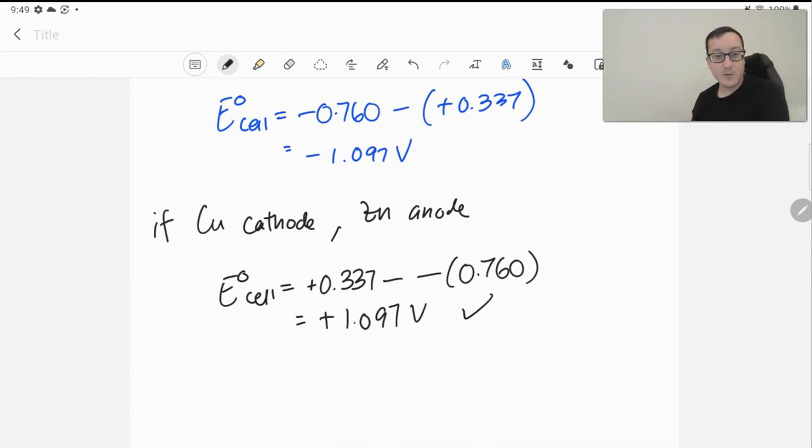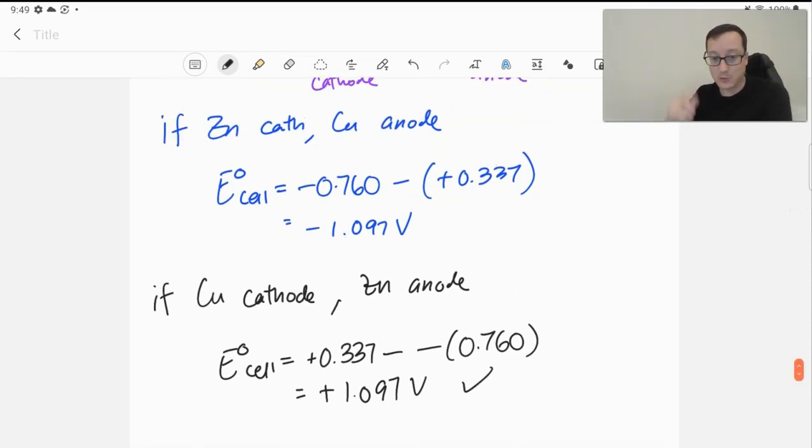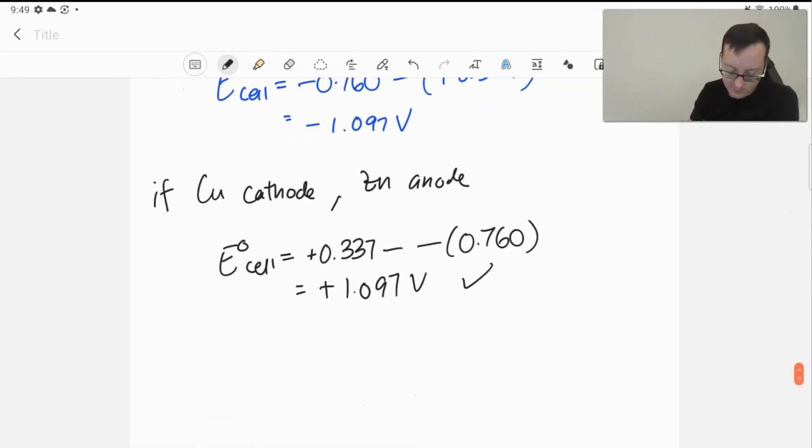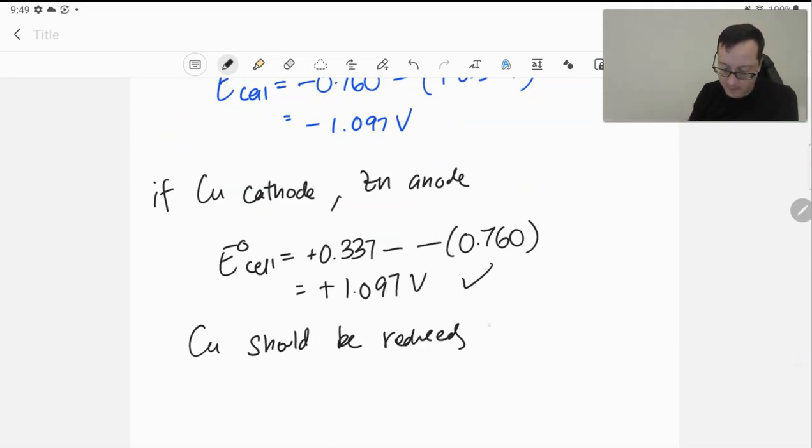We're looking for the copper to be the cathode, which means an ox, red cat: copper should be reduced, and therefore zinc should be oxidized.